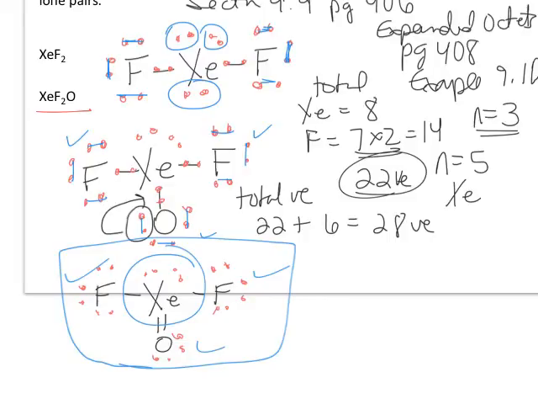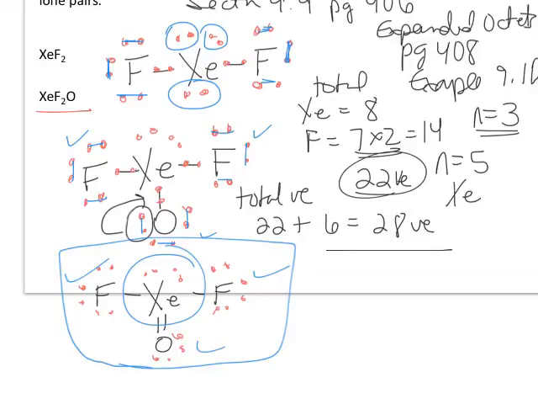To add up your total valence electrons, it's basically 22 because you have xenon with 2 fluorine, plus now you have oxygen, so you add another 6, that's 28 valence electrons. You add the valence electrons on the terminal elements, and then you see that every element has a complete octet, and xenon has its 2 lone pairs.